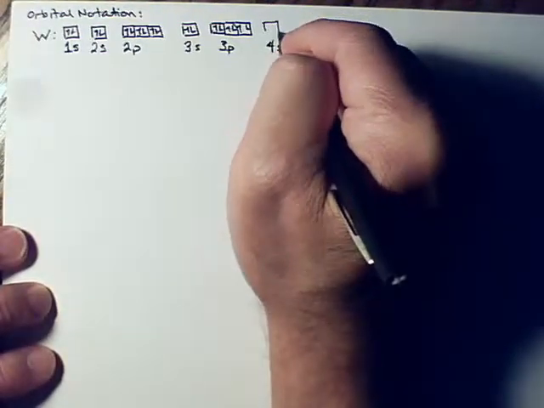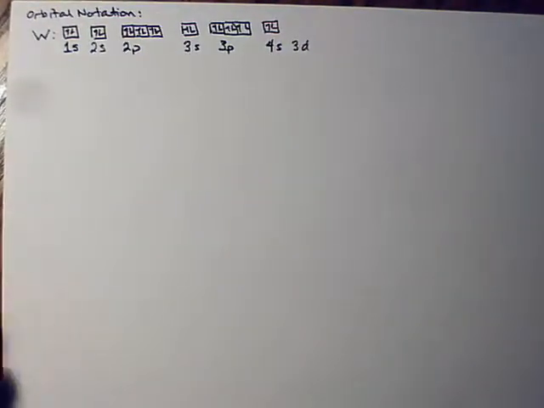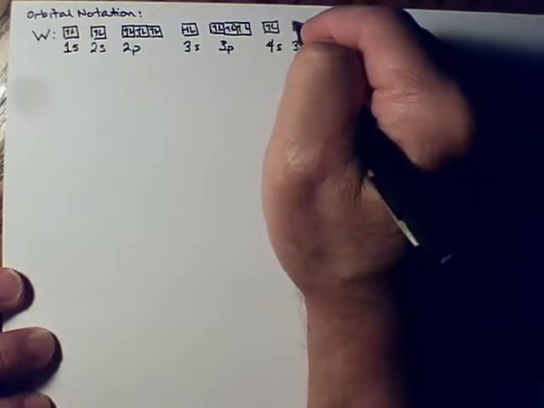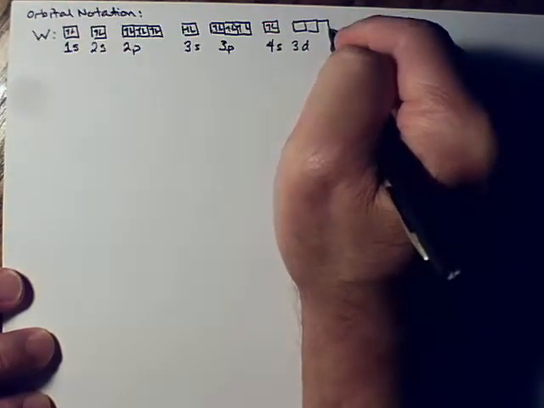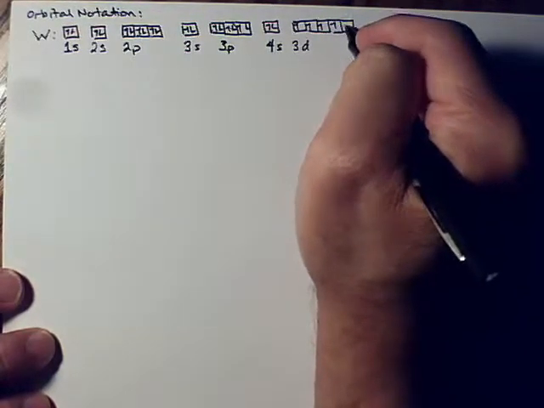So we're going to fill up 4s, and then we're going to drop back to 3d. There are 10 atoms in that section from scandium to zinc, and so we need 5 orbitals. And we're going to fill those up, just like this.